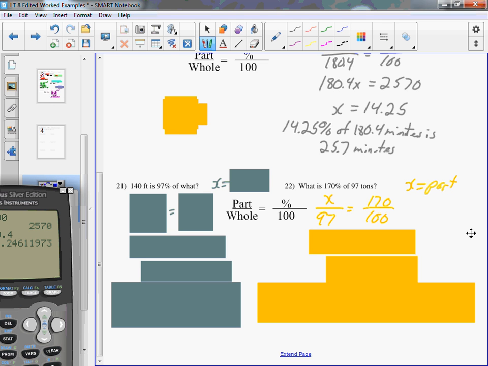So it does seem a bit strange to have a number bigger than 100 over 100 on that side of the equation. I think this is the only problem on the whole worksheet, maybe there's one other, that works like this. There's not many. So once we've got it set up, you go ahead and solve it.